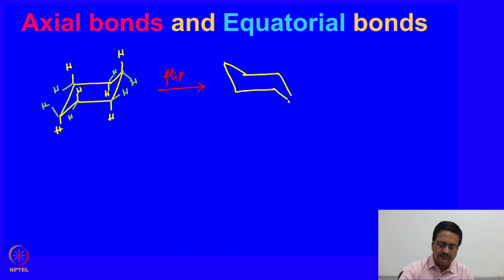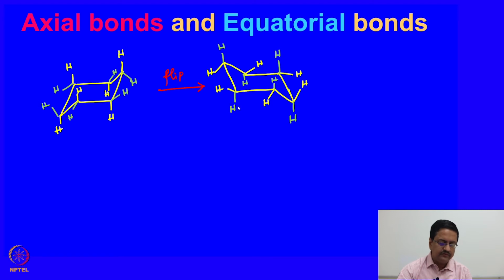So, in this flipped conformation, the hydrogen atoms which were the axial bonds are now going to be the equatorial bonds. And the bonds which were the equatorial bonds drawn in green are the corresponding axial bonds. So on flipping, the axial bonds become equatorial and the equatorial bonds become axial.